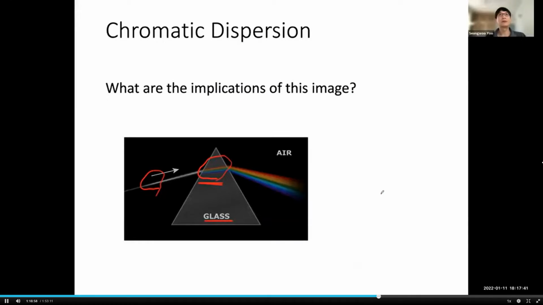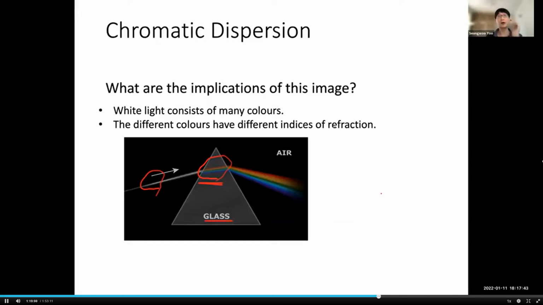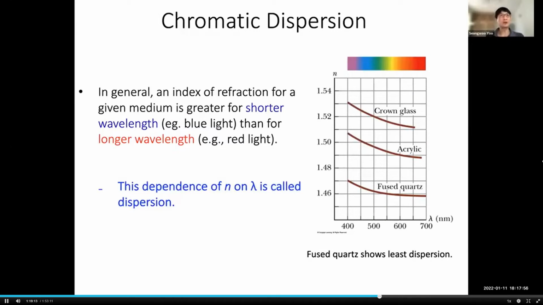All right, so from this observation, we come to two conclusions. The first conclusion: white light consists of many colors, and the different colors have different indices of refraction. In other words, the refractive index depends on the wavelength, and this is dispersion. This diagram illustrates the dispersion of common materials in our daily life.